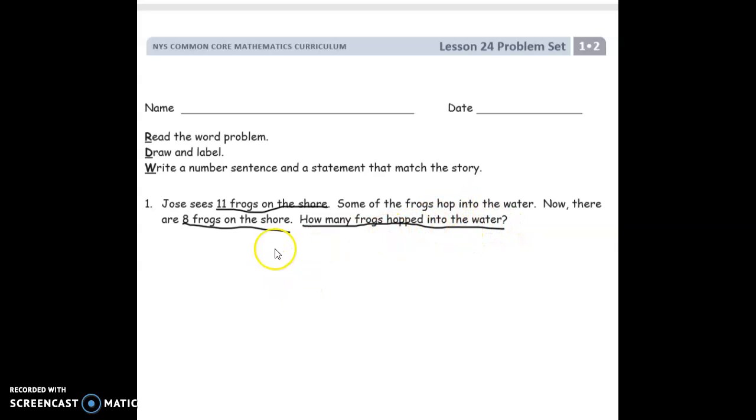Now let's start by drawing and labeling. How many frogs do I need to draw? Yeah, 11.